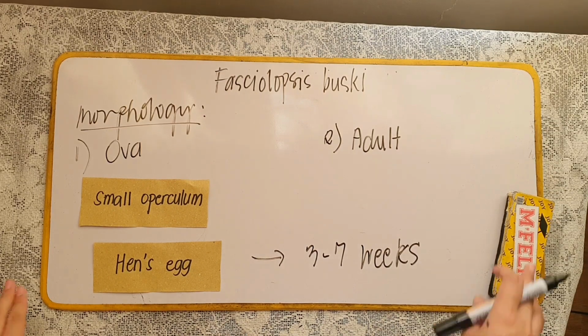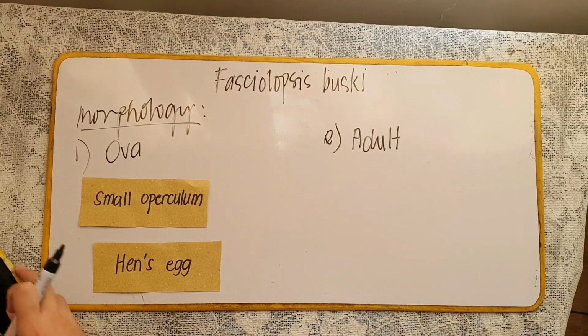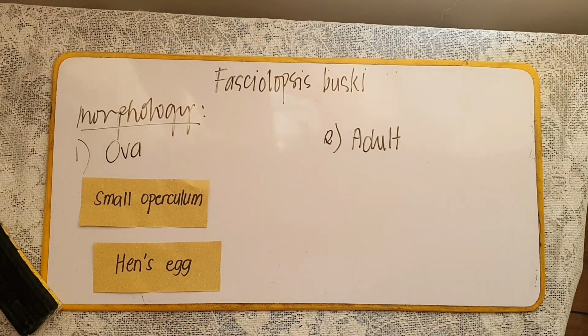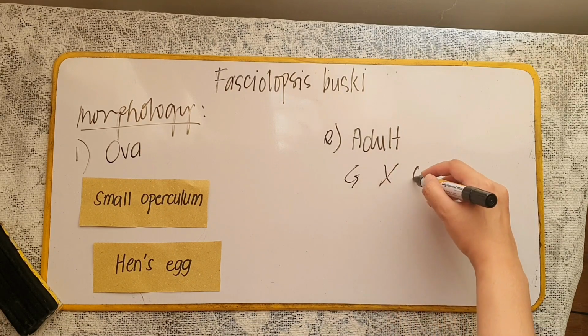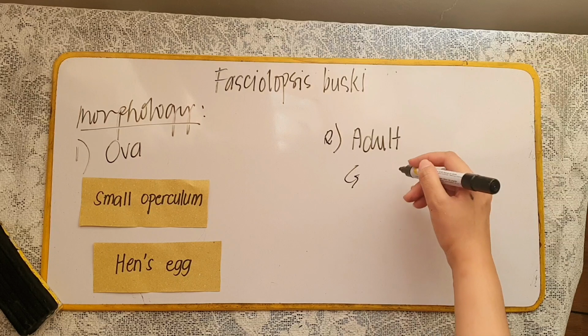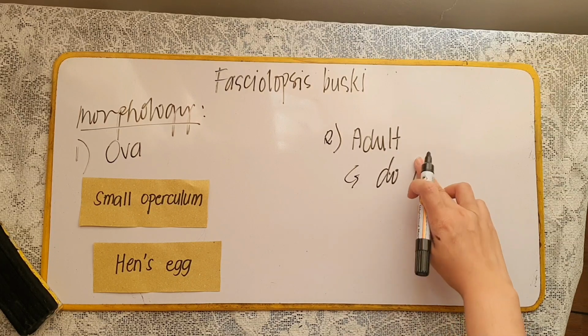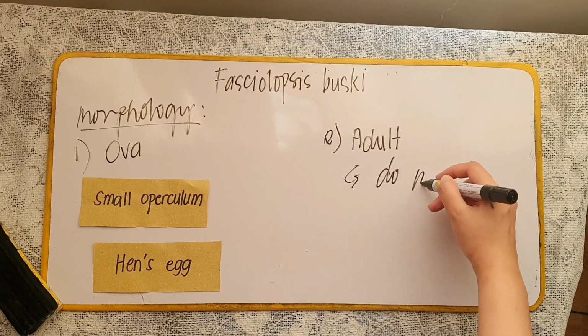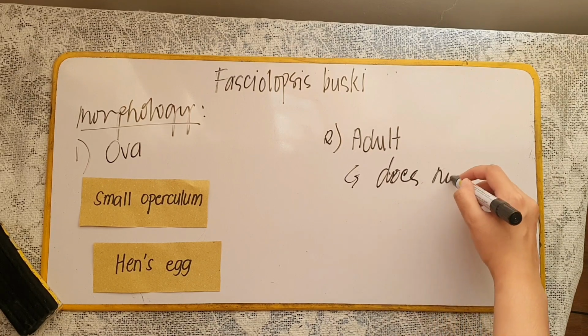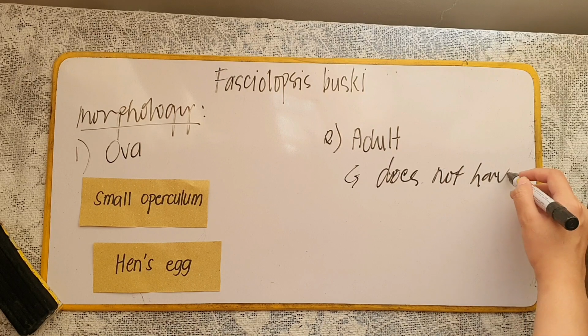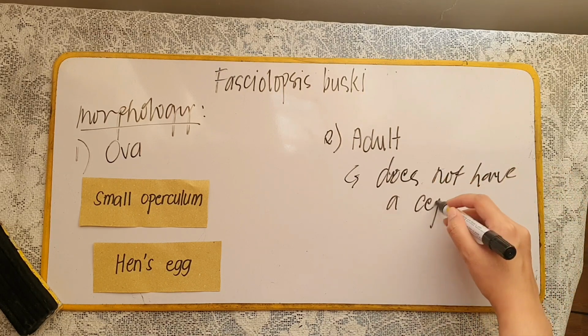Now, as for the adult forms, as compared to Fasciola hepatica and Fasciola gigantica, it does not have a cephalic cone.